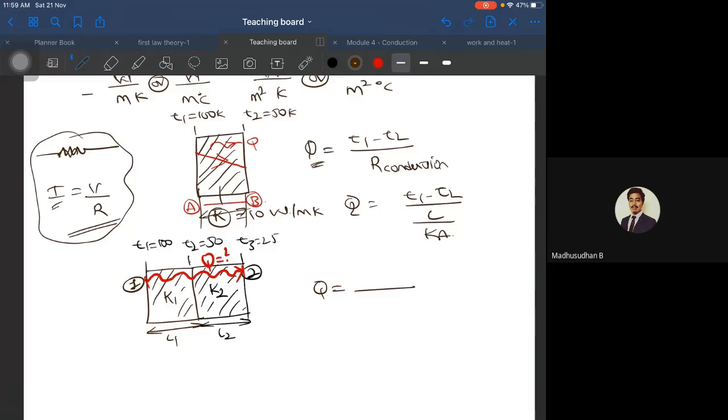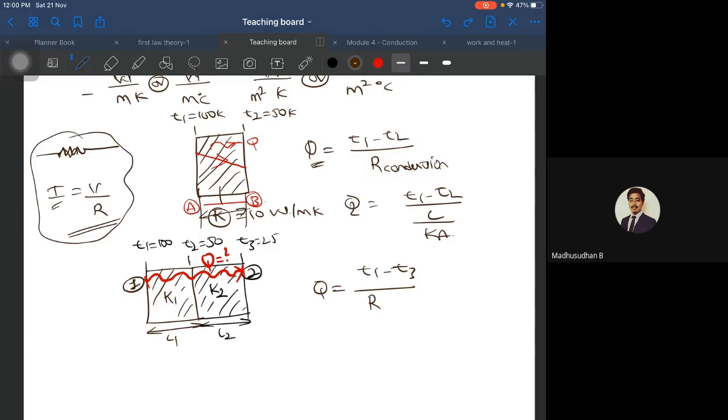Now, what should be my temperature difference here? Whether it should be T1 minus T2 or T1 minus T3. I'm considering from this point to this point, so it is T1 minus T3. Now, I should also consider the resistance.